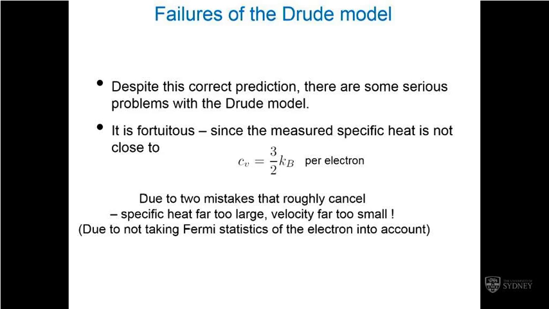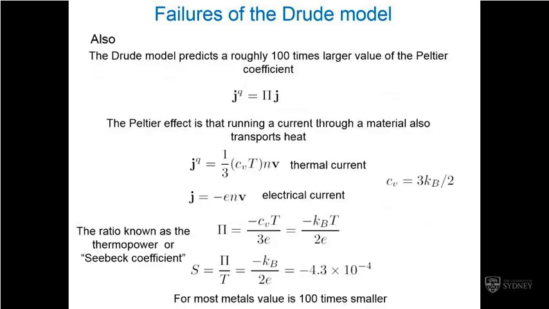Okay. So let's look at another failure of the Drude model. The other failure concerns this particular quantity here called the Peltier coefficient. Now, what is that?